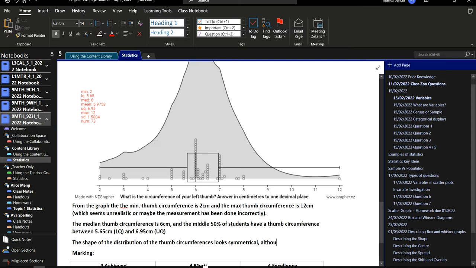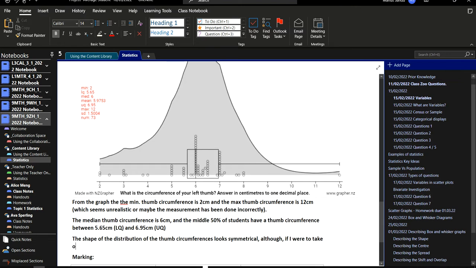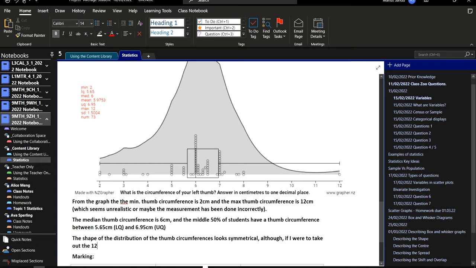Although, if I were to take out the 12 centimeter measurement, the distribution would look how? Skewed to what side? Yes, it's going to have a tail to the left. All right.